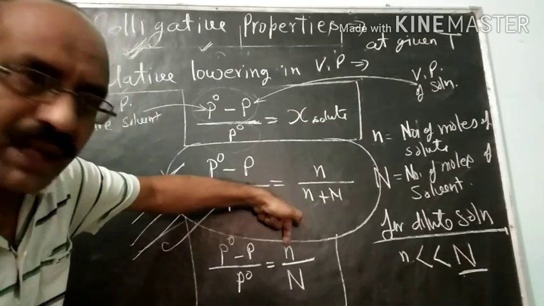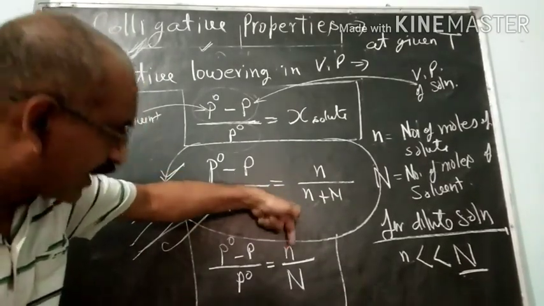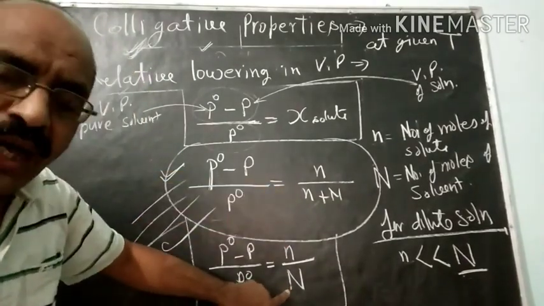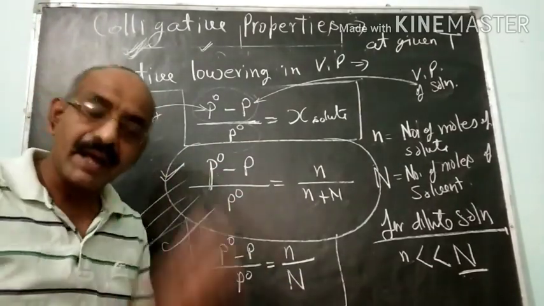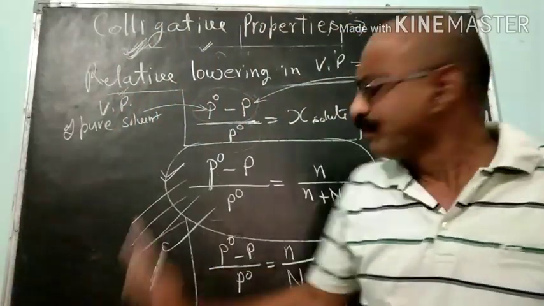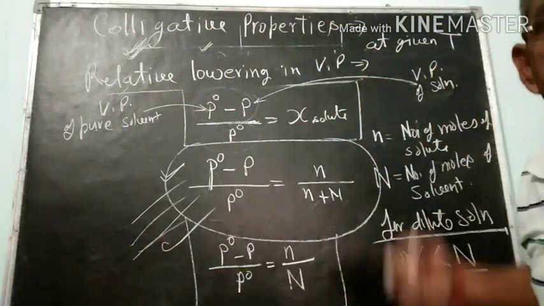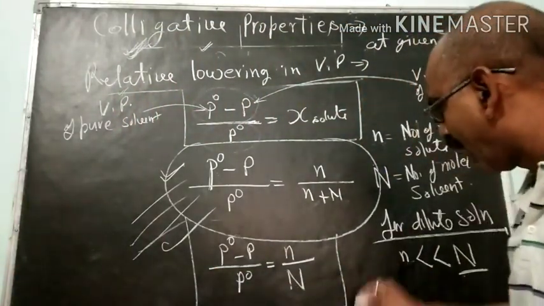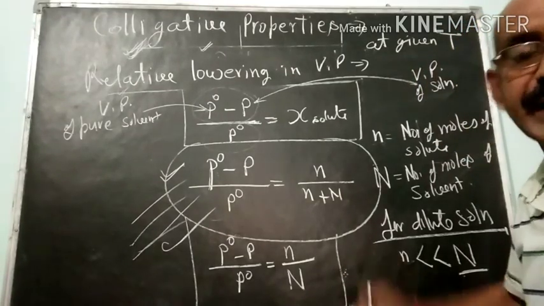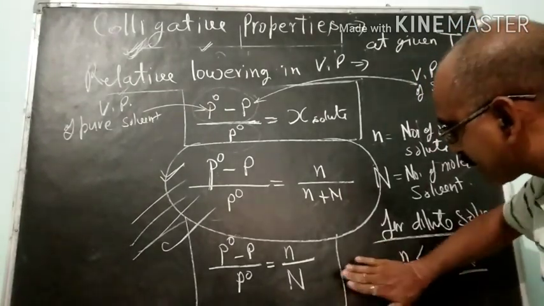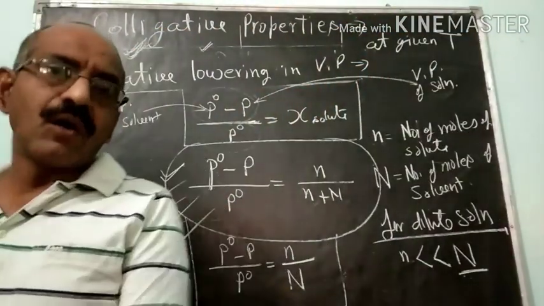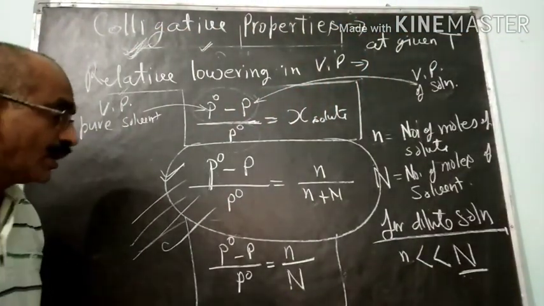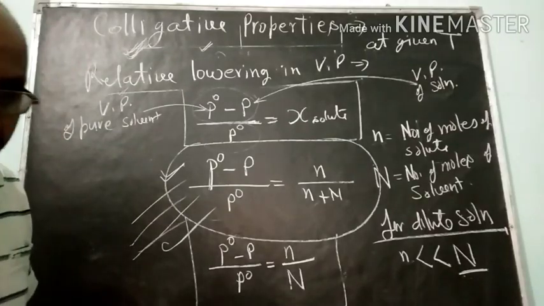on the number of moles of the solute dissolved in a definite number of moles of the solvent, and is independent of the nature of the solute, and that's why it is a colligative property. So this expression confirms that relative lowering in vapor pressure is a colligative property.